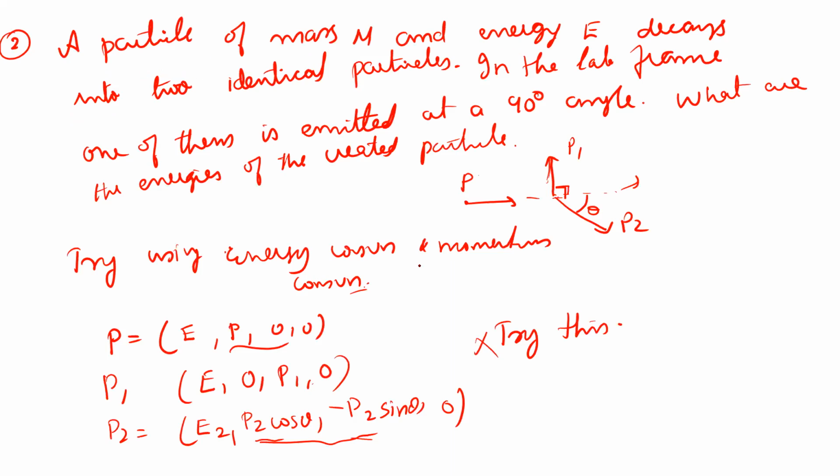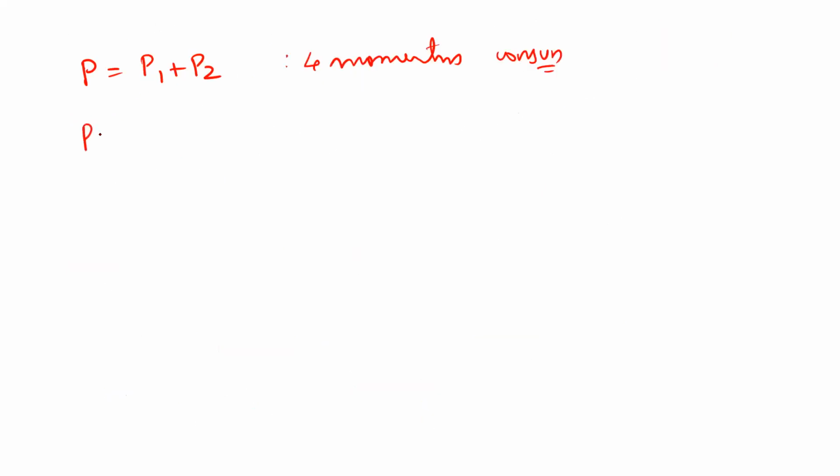We can write the four-momentum conservation: P is equal to P1 plus P2. Now the expression for P2 is complicated, with cos theta, sin theta, etc. So we isolate P2: P minus P1 is equal to P2.